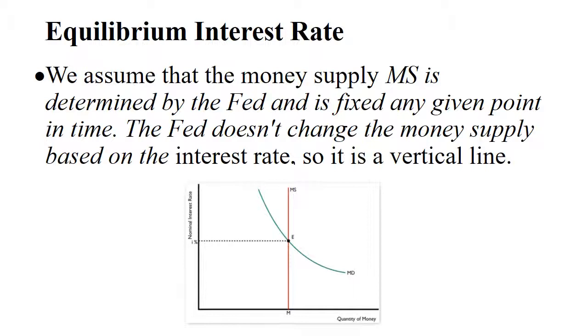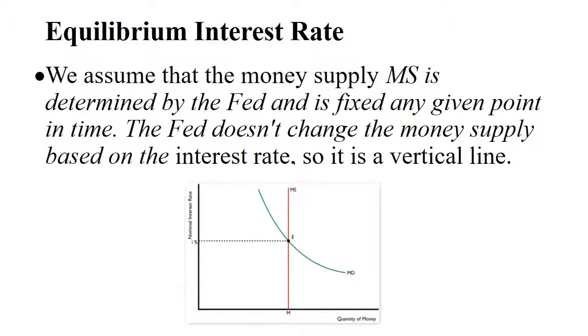We know that the Federal Reserve controls the money supply, and that the Federal Reserve is a not-for-profit corporation. They do not have any incentive to make more money. All they care about is what's good for the overall economy. So even though the price of money is the nominal interest rate, the Federal Reserve doesn't care about paying the interest rate.